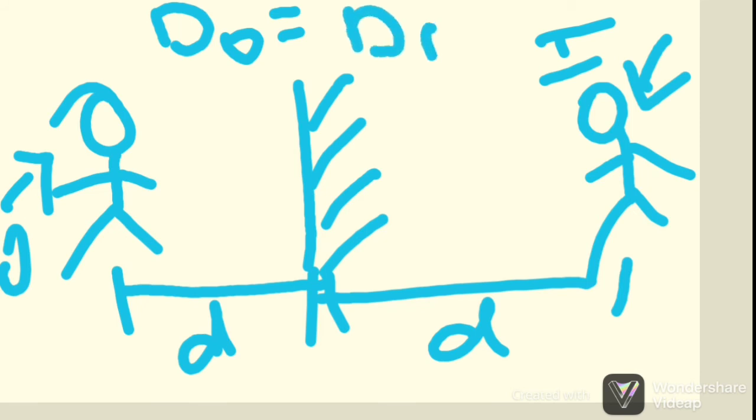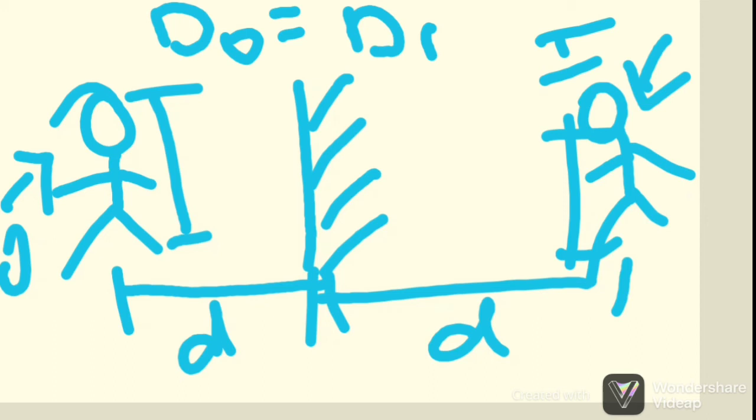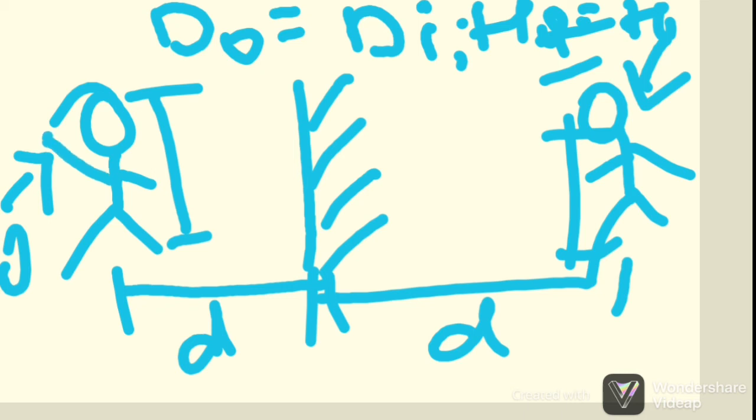In the same way the height is also the same. So let us note down, height of object is equal to height of image. And we could see lateral inversion over here, that is, if you raise your right hand, you could see a left hand raising up for the image.